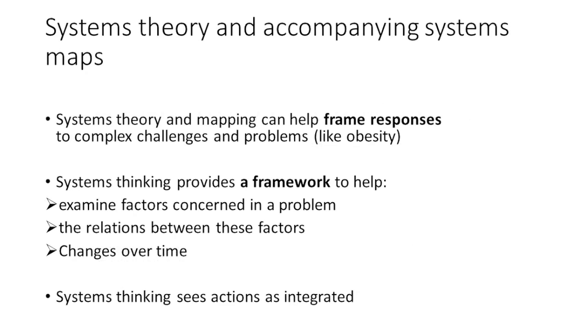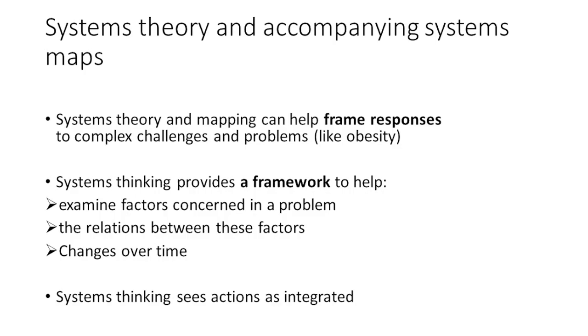There has been a growing recognition of the role that systems theory and tools like systems mapping play in helping to frame our responses to complex challenges and issues such as, say, obesity. Why is that? Well, systems thinking provides a framework that helps us examine the factors involved in dealing with such problems.